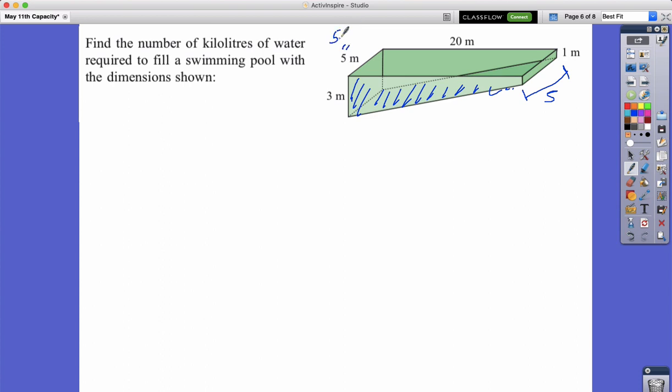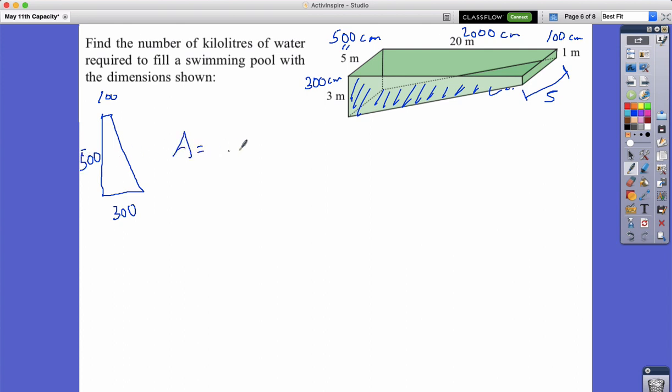So this is 500 centimeters, it's 300 centimeters, 2,000 centimeters, and 100 centimeters are these dimensions right here. If I look at the trapezoid, that is 100 and 300 centimeters, and this distance is 500.